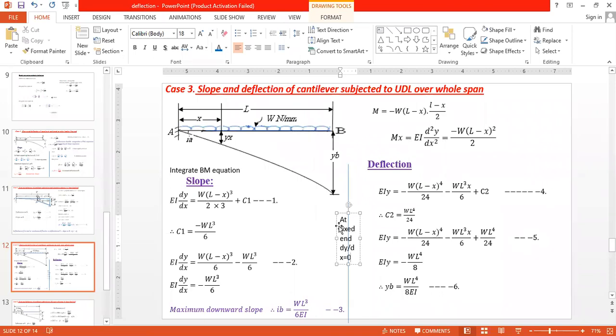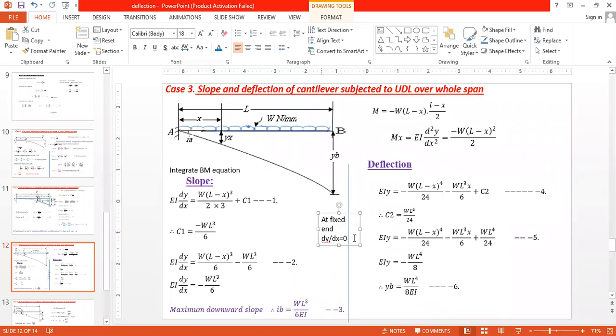Because that is a fixed support. Fixed support means that the cantilever is fixed at that location. That means there is no degree of freedom, that is, all degrees of freedom are 0.